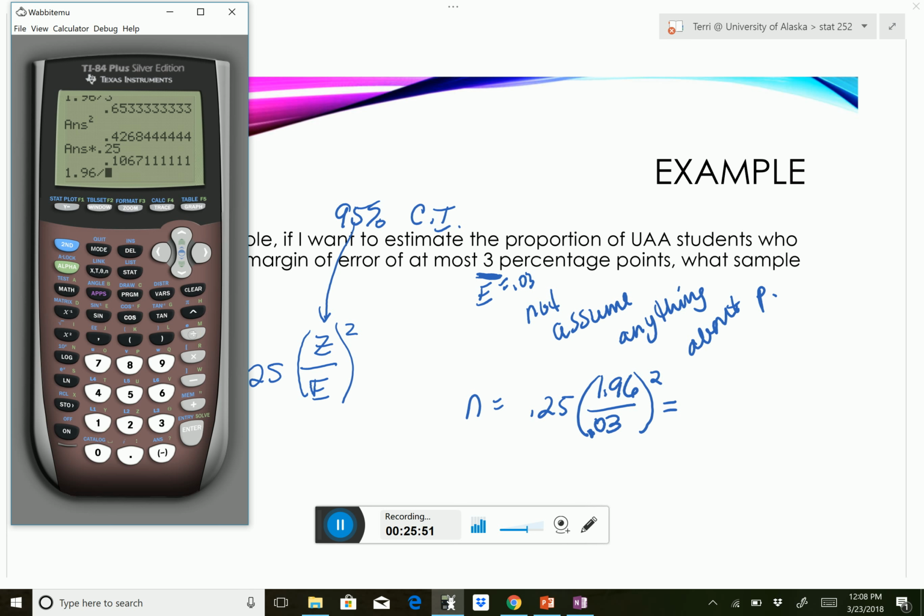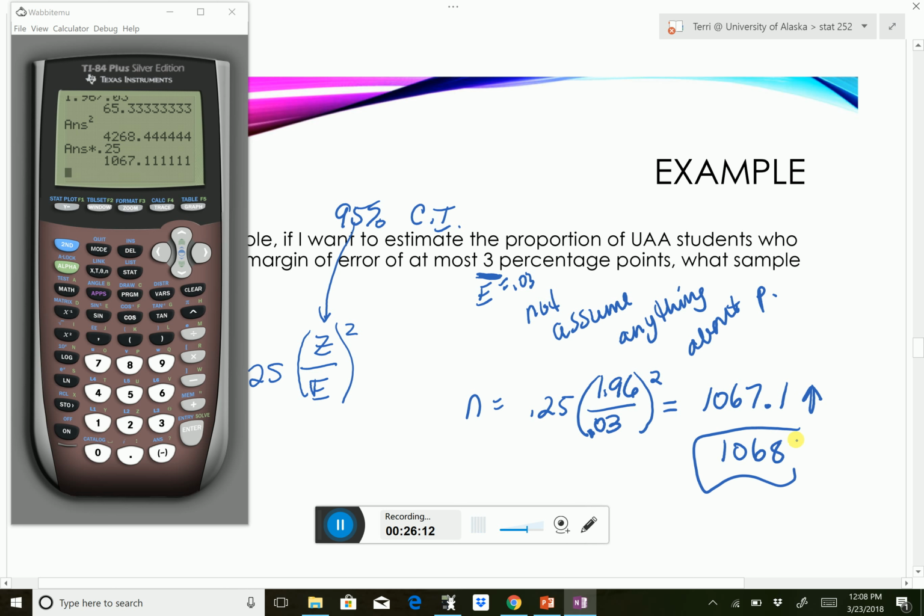1.96, let's do this right this time, divided by 0.03 equals, ooh, big number. Square that, multiply by 0.25, that'll get a little better. And the answer is 1067.1. Round that up to 1068. I did that on purpose, right?